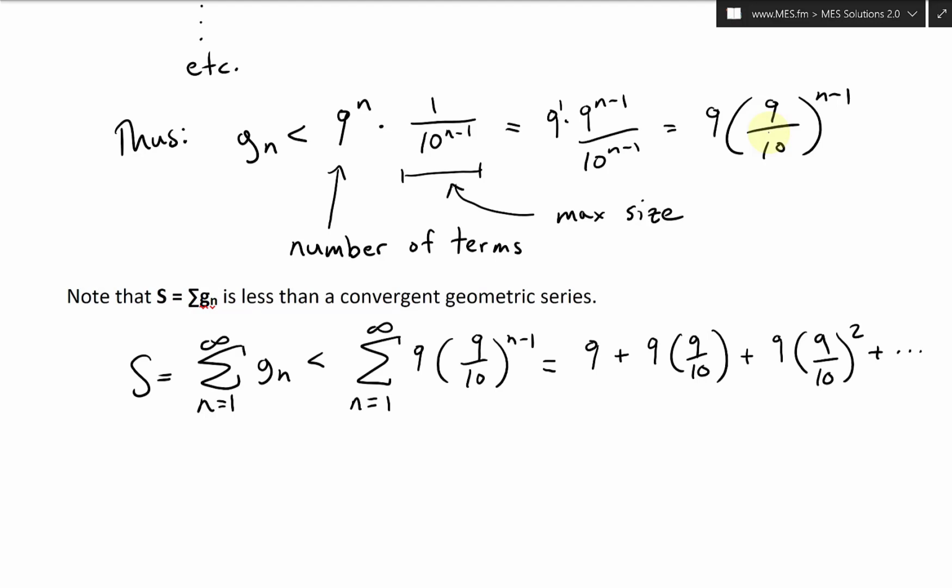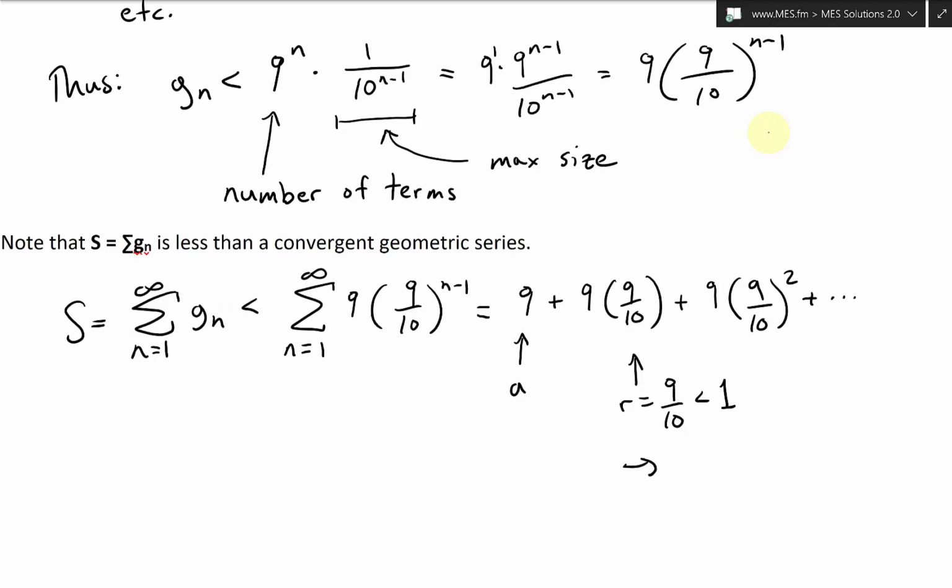It keeps going on and on. In this case, this is going to be our a, and this is our r, which equals 9 over 10, which is less than 1. So in other words, this is convergent.